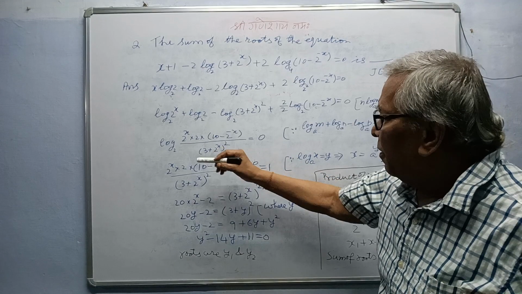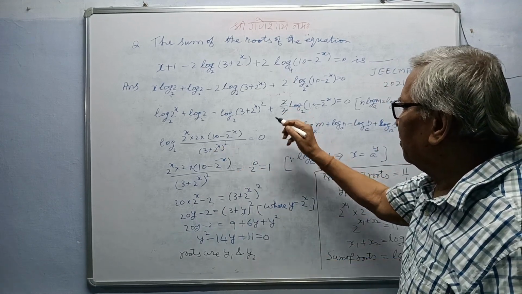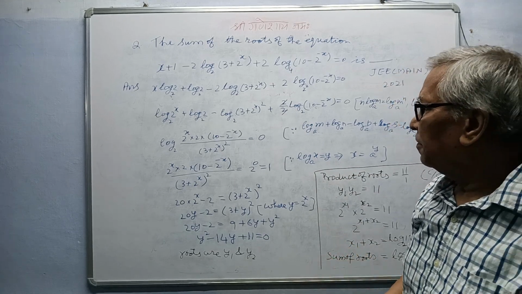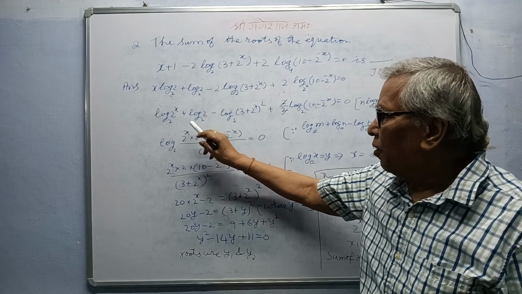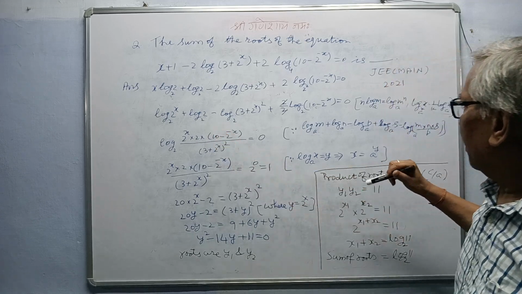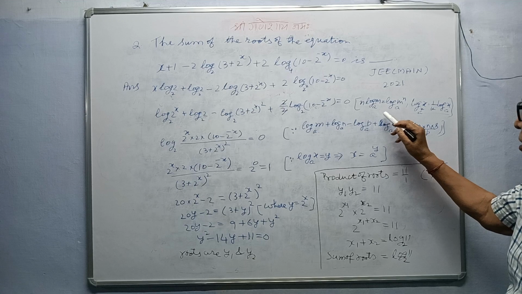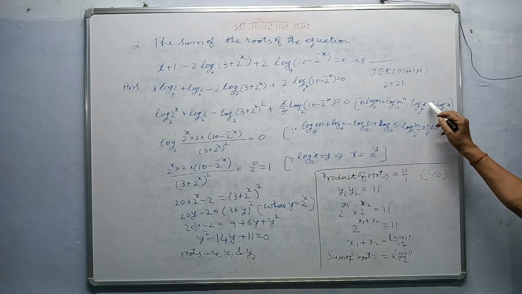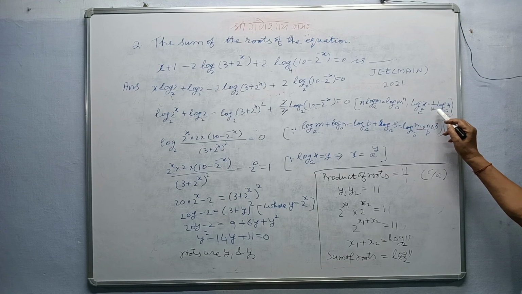So now this 2 by 2 we can cancel. So log 2 to the power x plus 2 will be coming to here. This formula we have applied: n log m to the base a is equal to log m to the base a power n, and log x to the base a to the power k is equal to 1 by k log x to the base a.